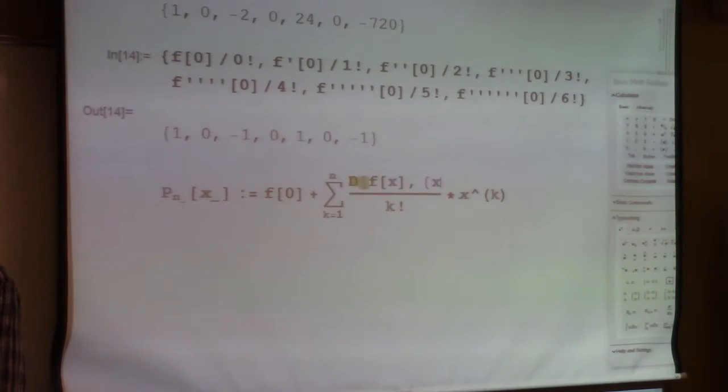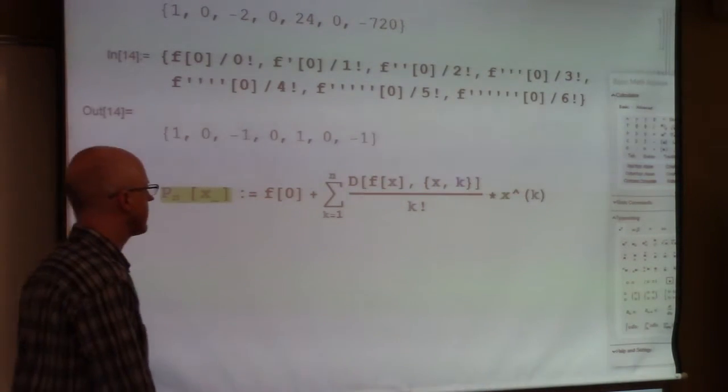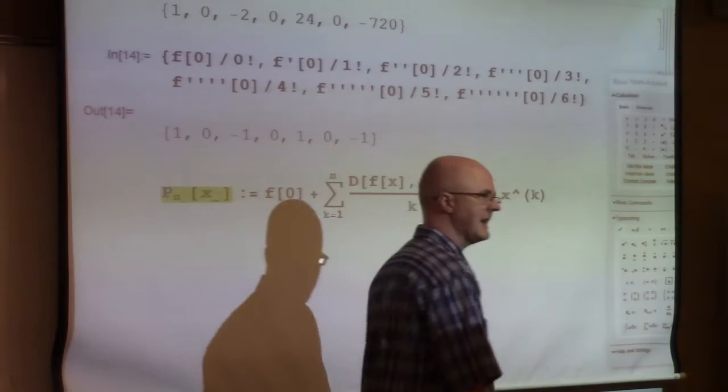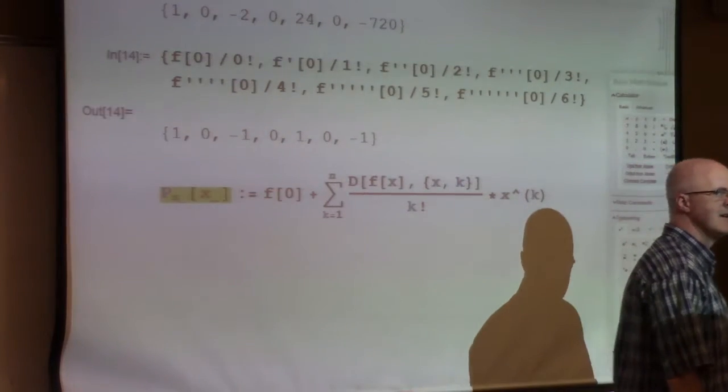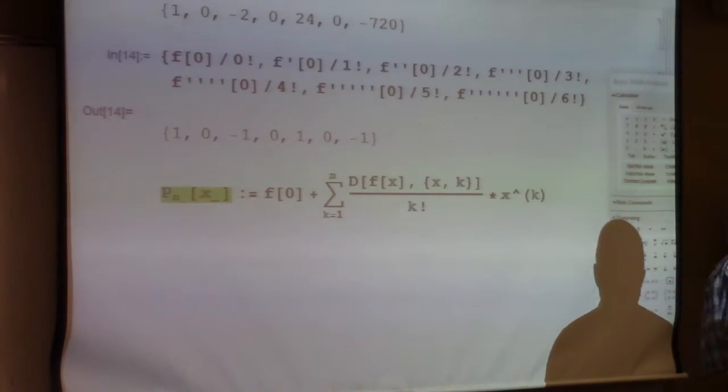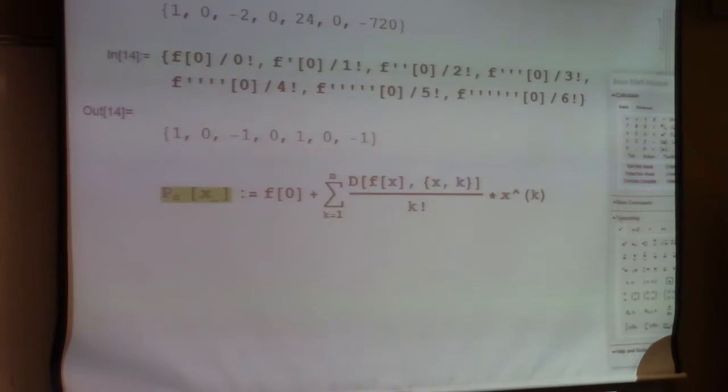And if I want the kth derivative, I need to put a comma k right there inside a curly brace. This calculates the kth derivative of f at x. This is not notation you have to be able to use in this class. For some future math classes you might want to use it, but I'm showing it to you. That's how to calculate the kth derivative.